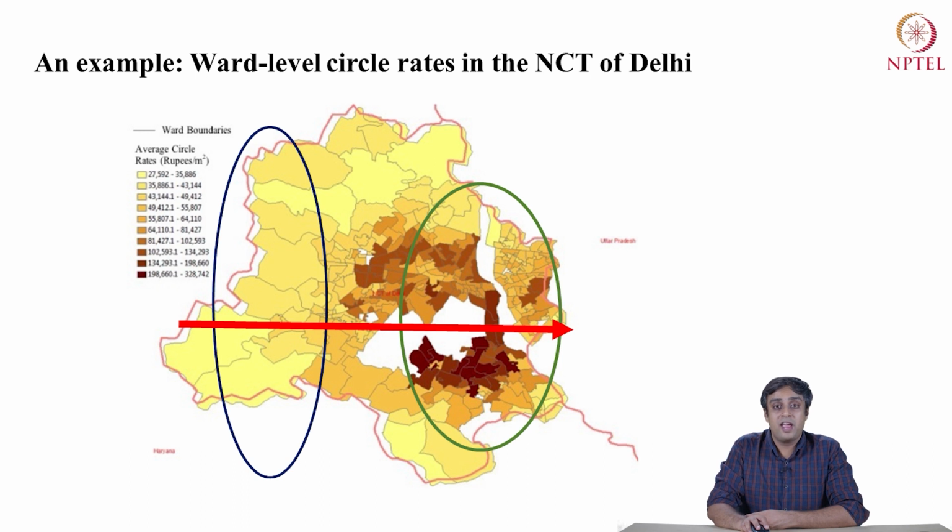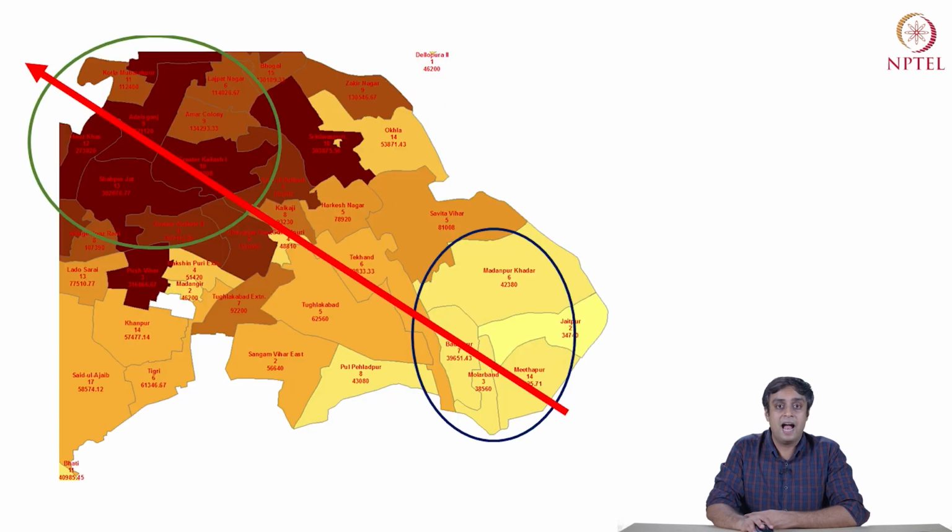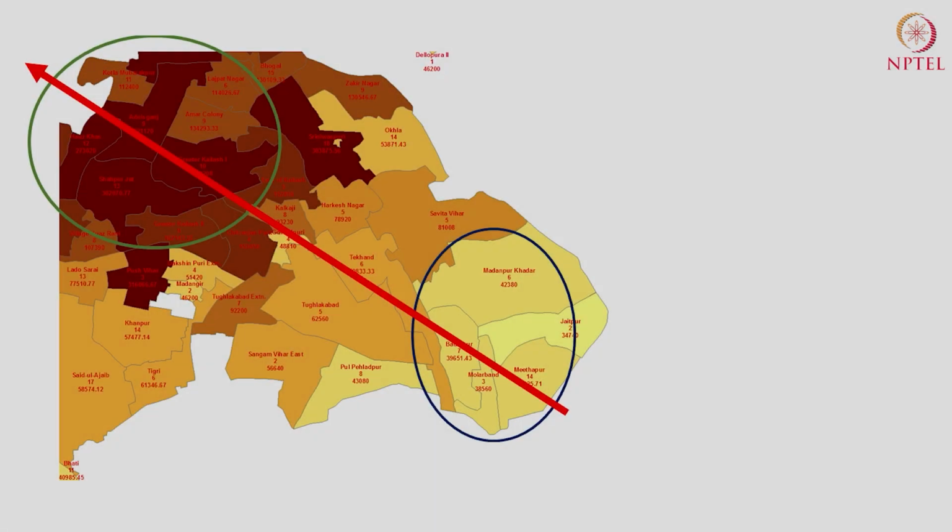What we are able to see also is that low price wards and high price wards are clustered together in the west and the east, and there is a long-term spatial trend from west to east, which provides us a gradient of increasing circle rates.